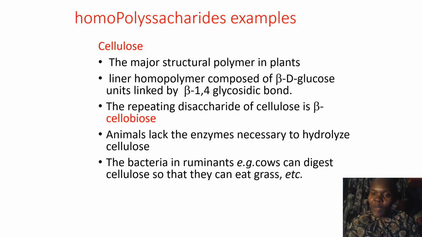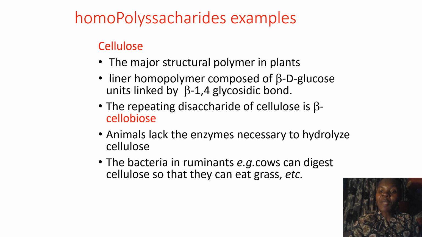So they share one similarity, that they are both linear. But the difference is amylose has alpha 1,4, but cellulose has beta 1,4. Another difference is amylose has alpha D glucose units. Cellulose has beta D glucose.